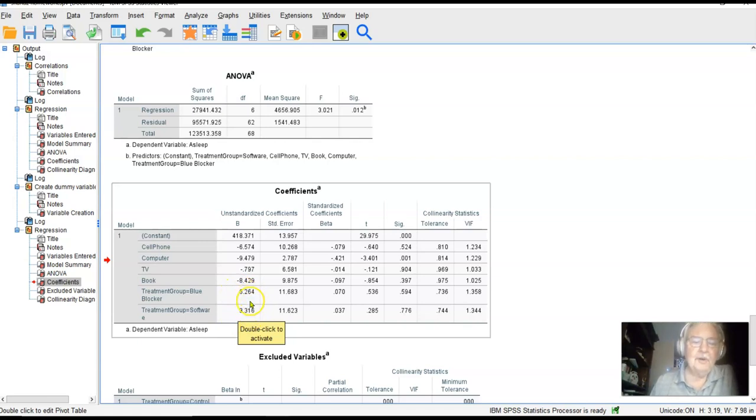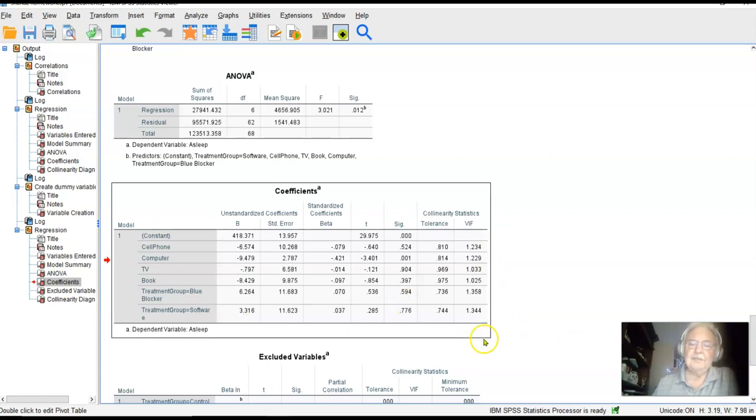If it was 0 in both, you wouldn't add any. So these coefficients are relative to the control at 0, which gets no additional contribution. So this is 6 minutes relative to control. This is 3 minutes relative to control in amount of sleep time.